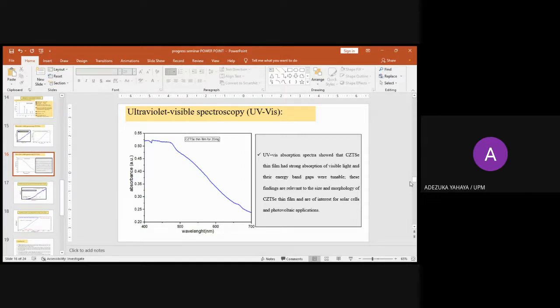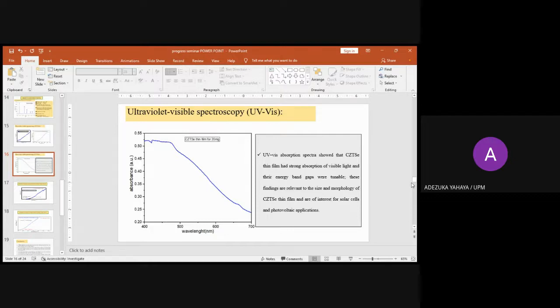Okay, the peak I use, I can see that the absorption of the material was obtained at 0.56, close to 0.55.